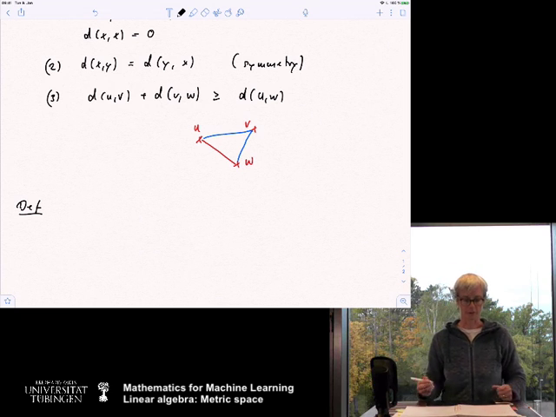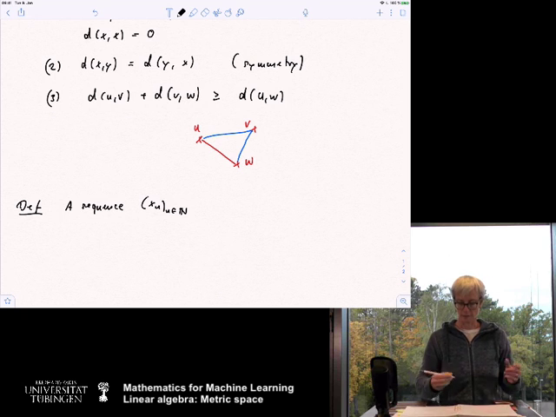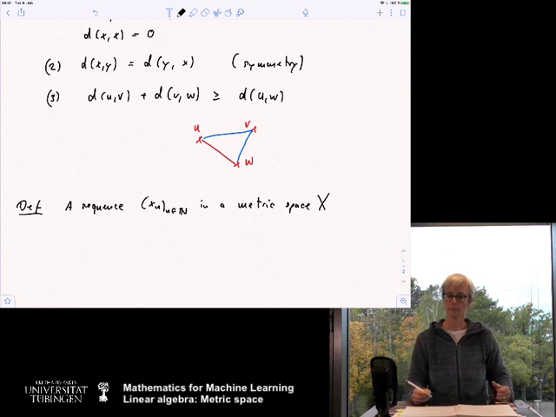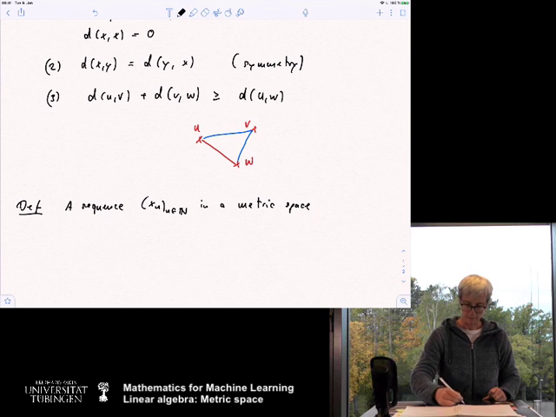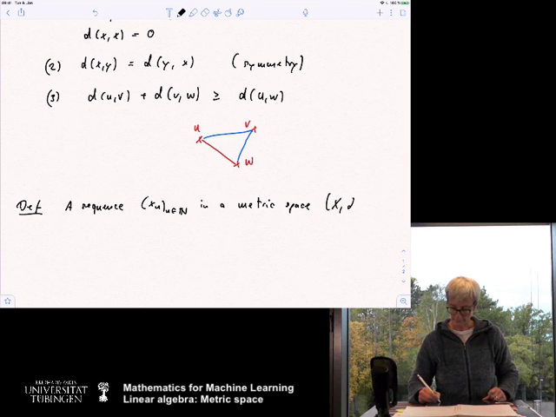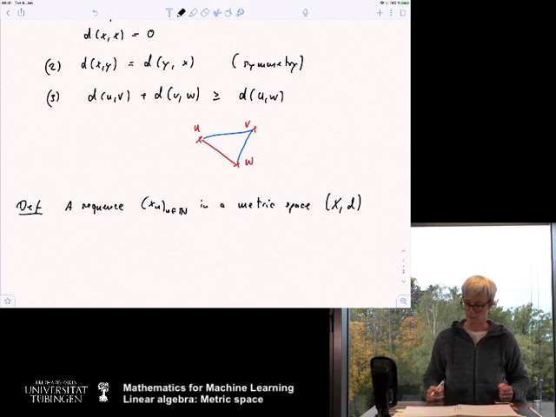First of all, what is a Cauchy sequence? A sequence xn in a metric space X, the way we are often going to write this is (X, d), so we write the space and we specify what is the distance function we are currently using, the metric.